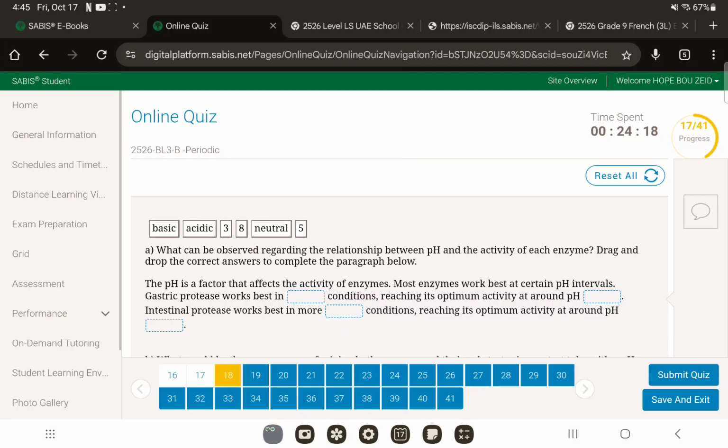Drag and drop the correct answers to complete the paragraph below. Okay, so the pH is a factor that affects the activity of enzymes. Most enzymes work best at certain pH intervals. Gastric protease works best in blank conditions, reaching its optimum activity at around pH blank.